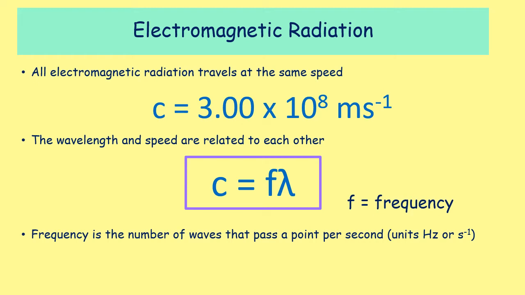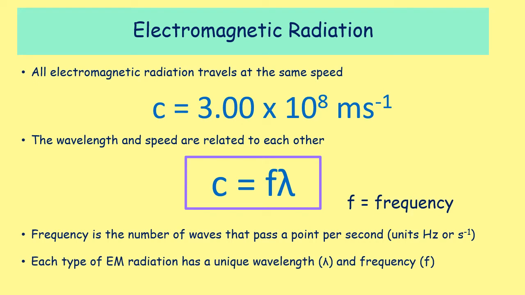You are allowed to use either unit, but if you're not doing physics, it might be helpful in terms of keeping the units straight in your head to just use seconds to the minus 1. And each type of electromagnetic radiation, because it has a unique wavelength, will also have a unique frequency.